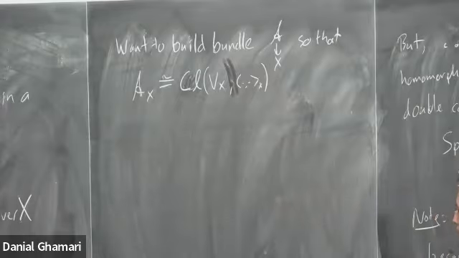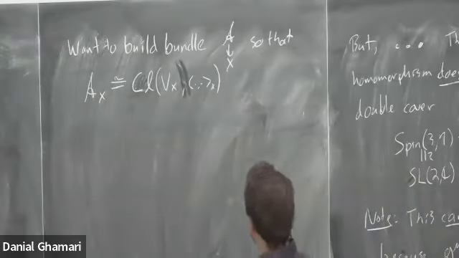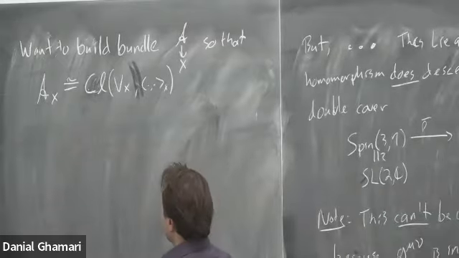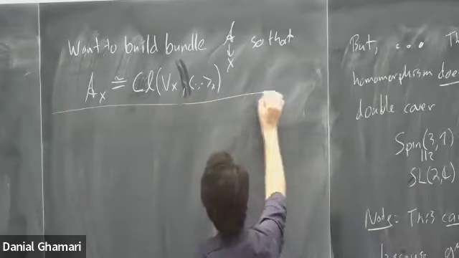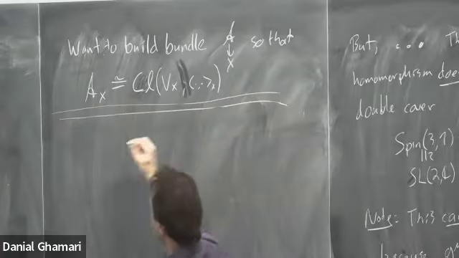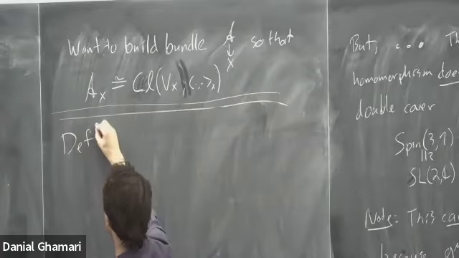We want to build a bundle that's fiber-wise just the Clifford bundle of B. Okay, well, we can do that, and we can do a lot of other things with a really general construction that I've started calling the action product.